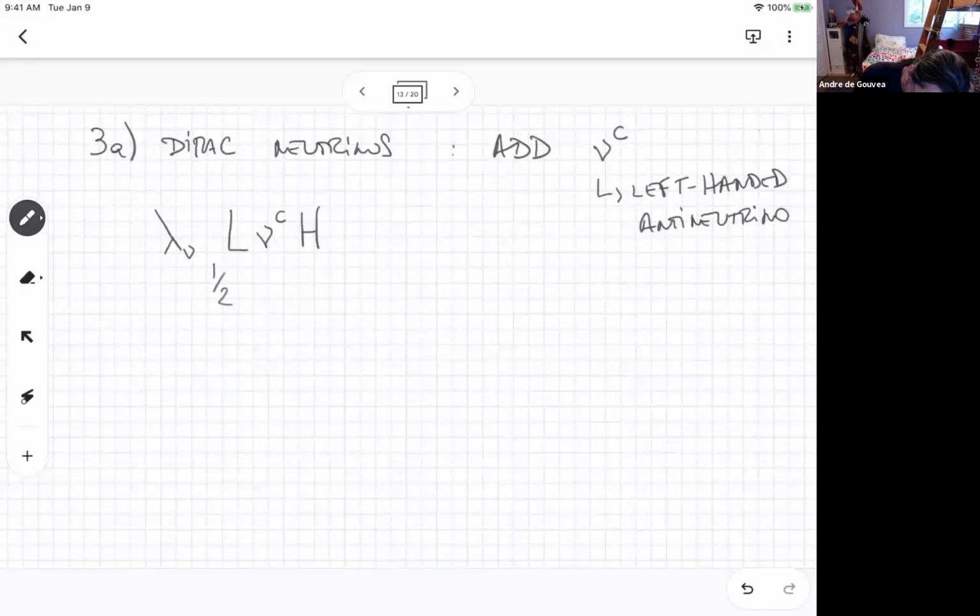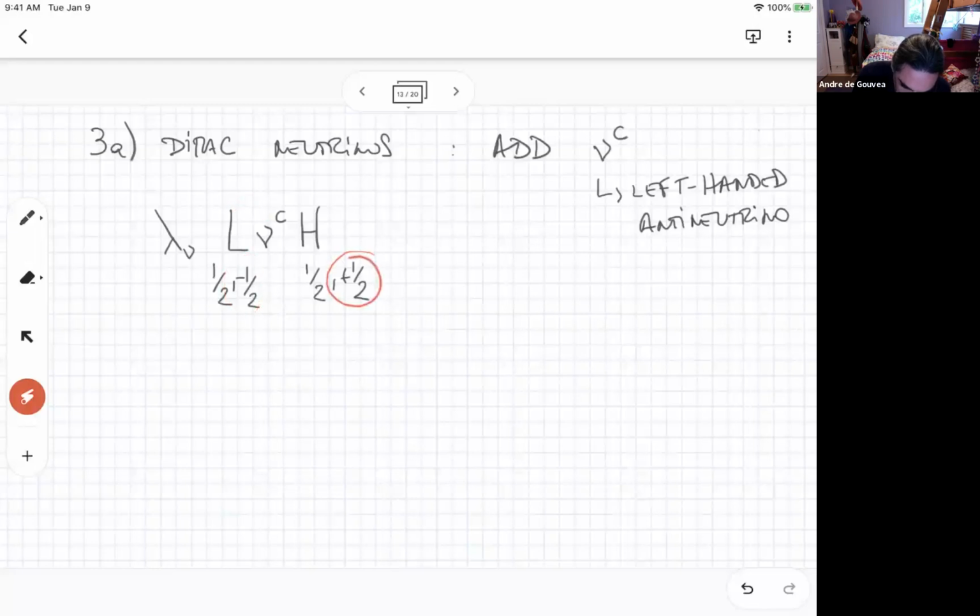Remember, this is an isospin 1/2. And this says hypercharge minus 1/2. So I know how to combine these guys to give me an isospin singlet. I combine these two guys to give me a Lorentz singlet. The hypercharges already work out between the L and the H. So this is sufficient to tell me what are the quantum numbers of this new C field.